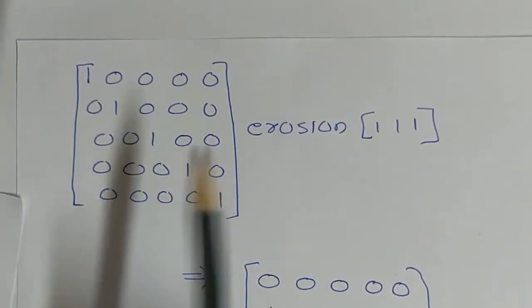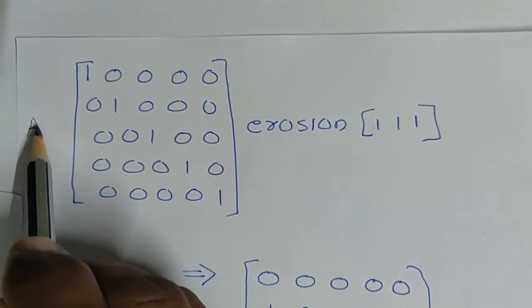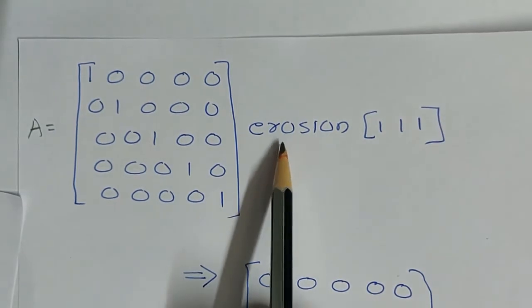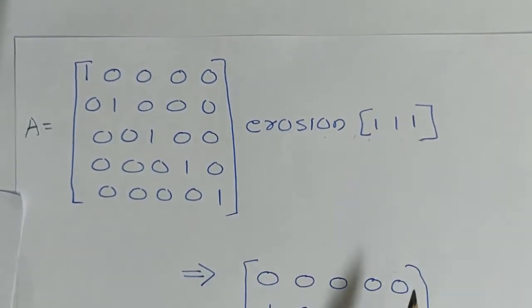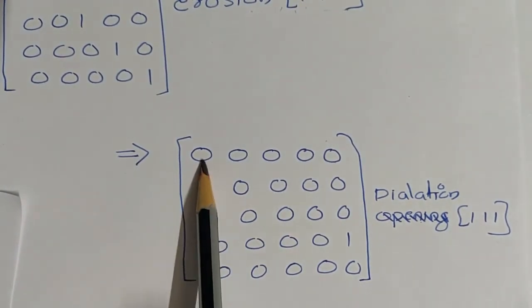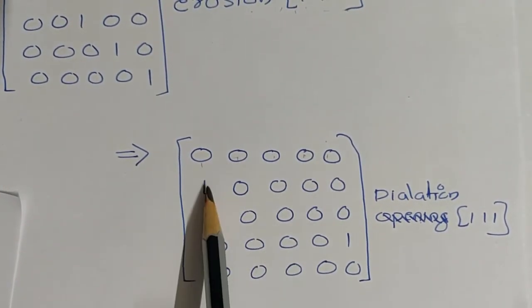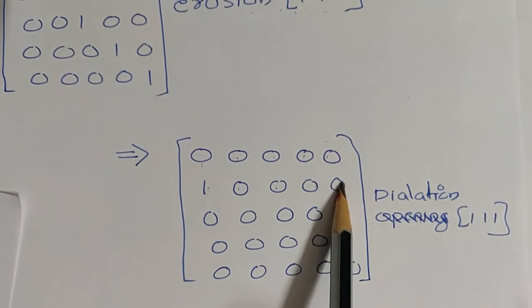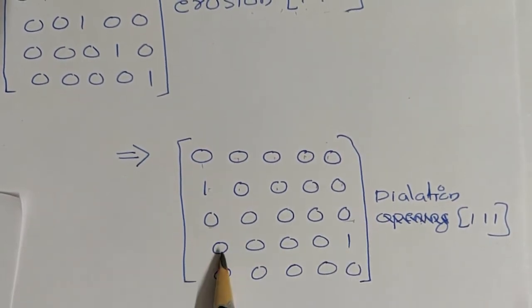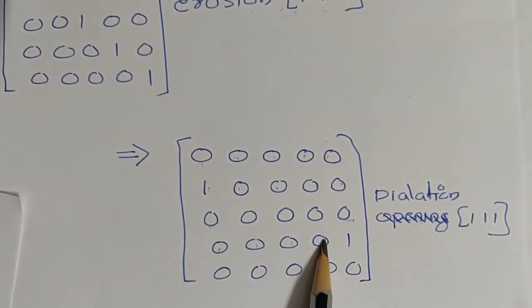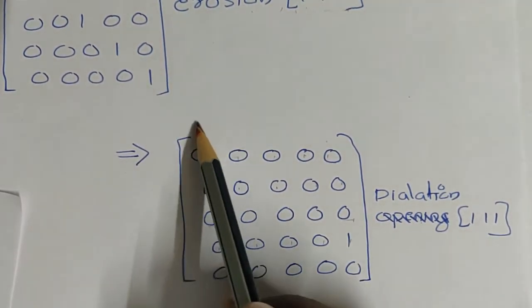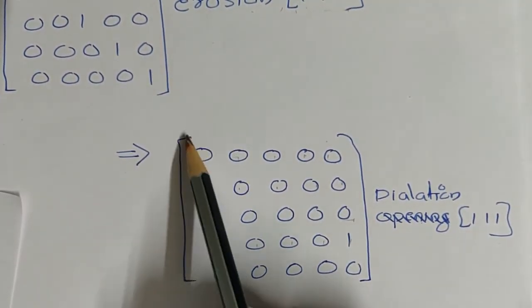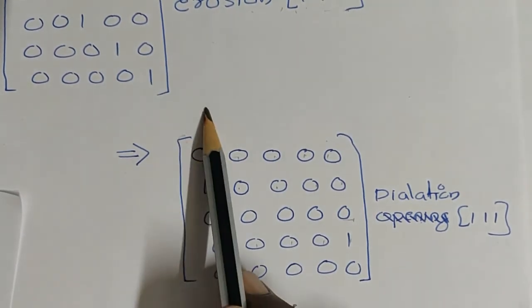This is the input matrix A, and we are doing the erosion operation using this structuring element. The final result is 0, 0, 0, 0, 1, 0, 0, 0, 0, and all other elements are 0. This is the output matrix after the erosion operation.